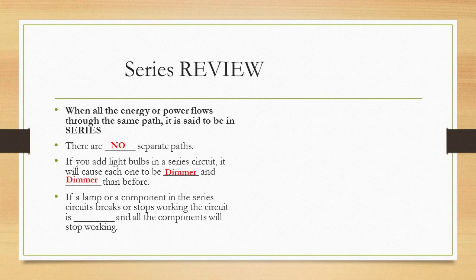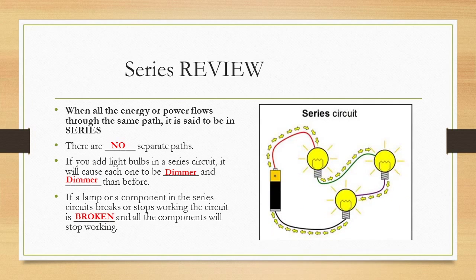If a lamp or a component in the series circuit breaks or stops working, the circuit is blank, and all the components will stop working. So the answer is broken. And in this picture you can see this is a complete series circuit with 3 light bulbs, and all the electrons are flowing through one loop, or one path.